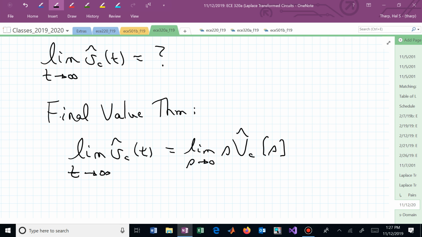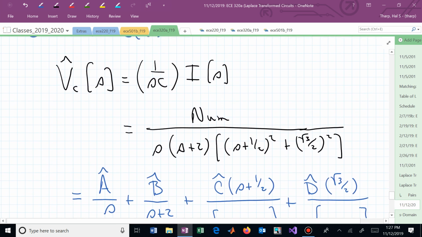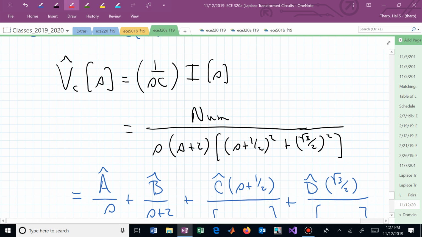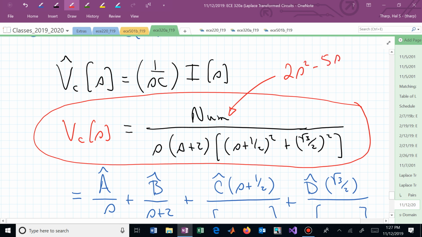Here is our expression. It's kind of not really done very well, is it? But this numerator we knew. Wasn't this the 2s squared minus 5s minus 20 beast?